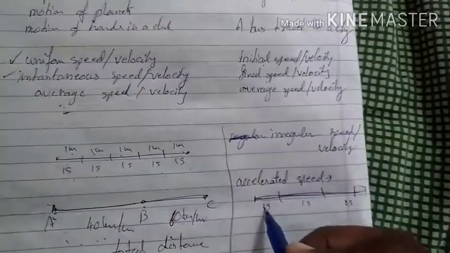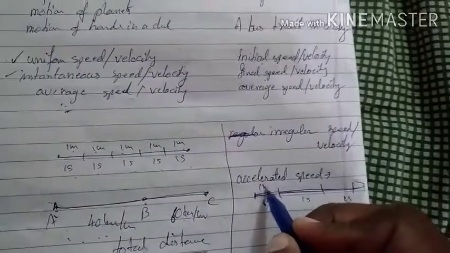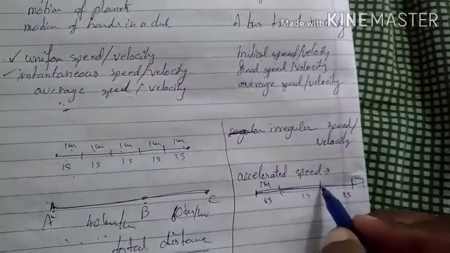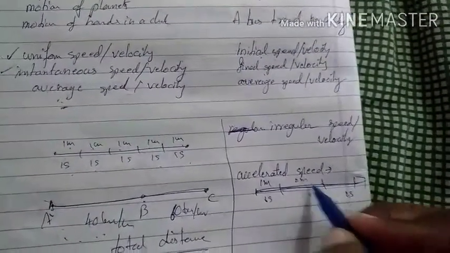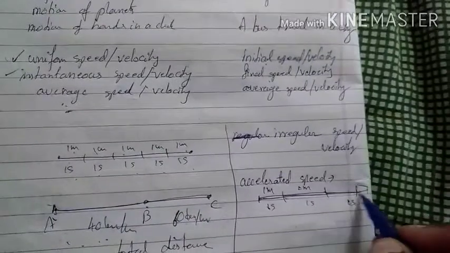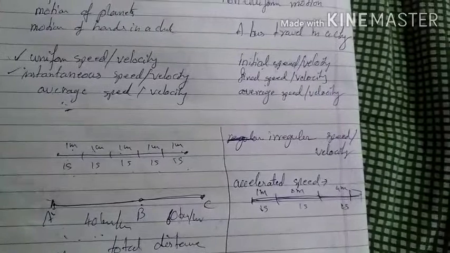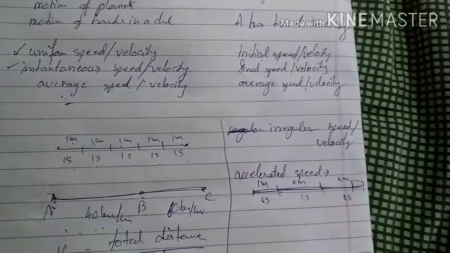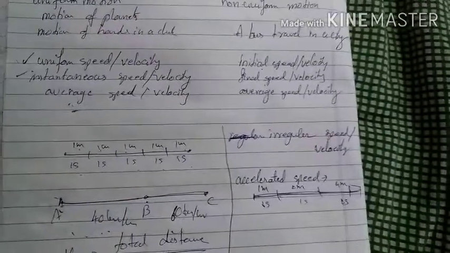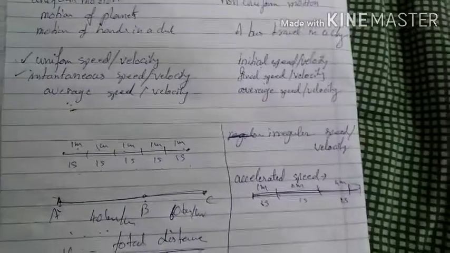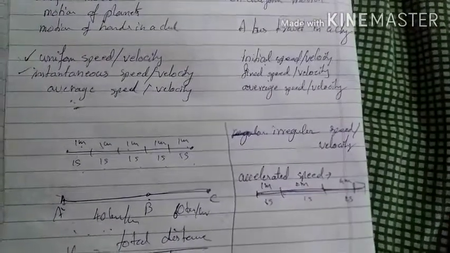Like what? In 1 second, if it travels 1 meter, in one more second it can cover 2 meters. In another second, it can cover 4 meters. Like this, with regular intervals of time, the distance covered keeps increasing.